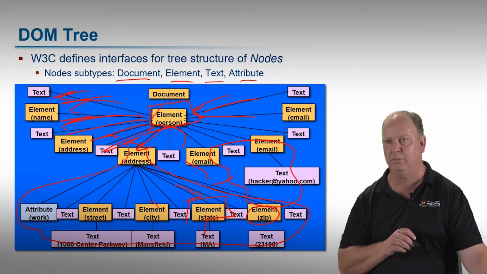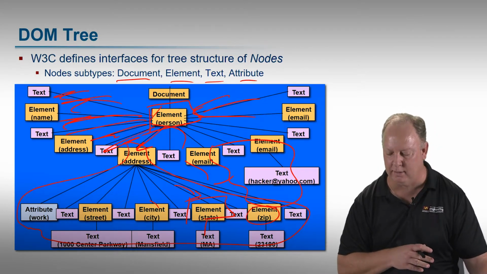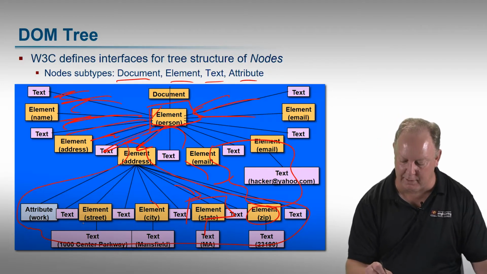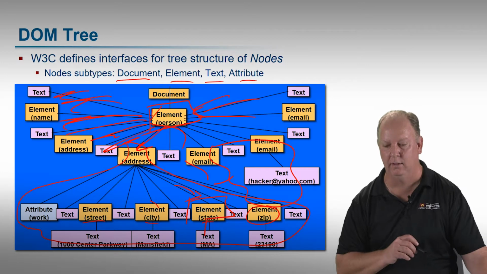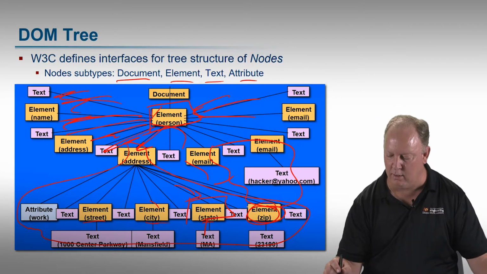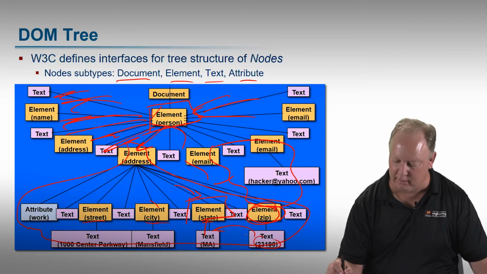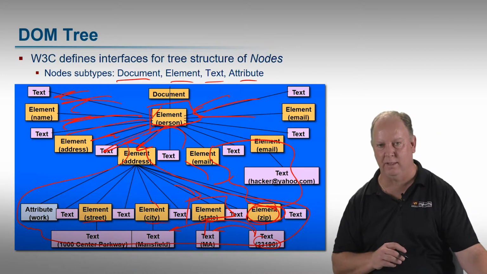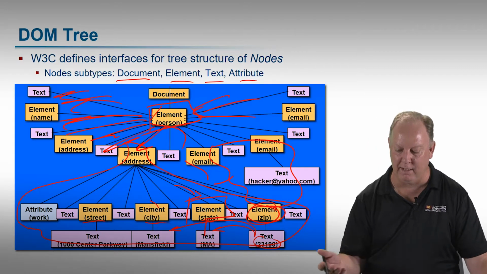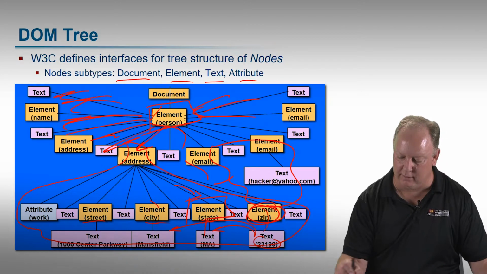I want to know that the zip code somebody entered into that XML is valid compared to what they tell me about the street, city, and state that they're in. When I get to this node and I know it's a zip code and I look at this text, I can write a verification routine that says, yes, I know that's Mansfield, Massachusetts, and that corresponds to that zip code. I can do that just by navigating over to sibling nodes in this DOM.